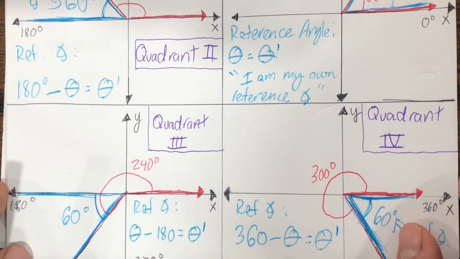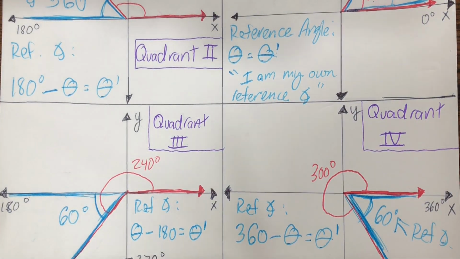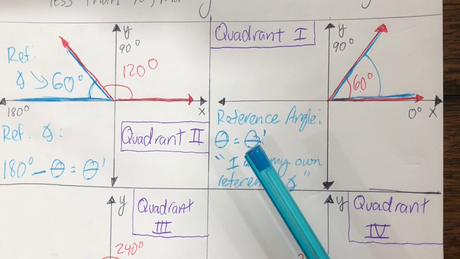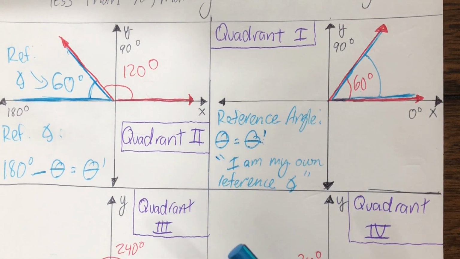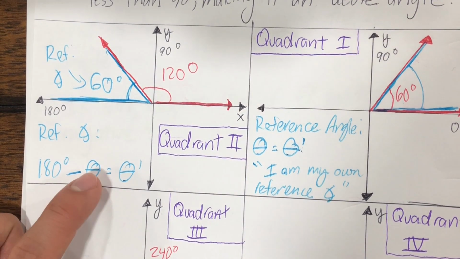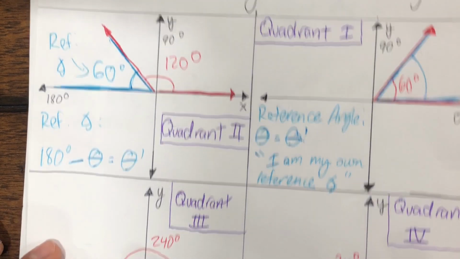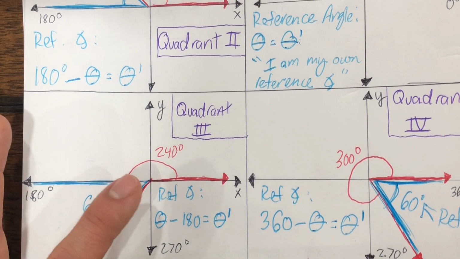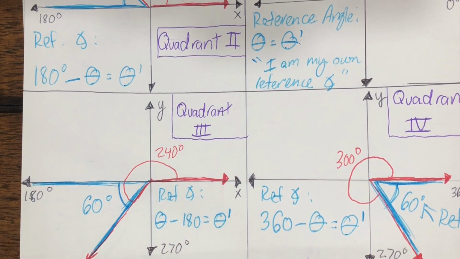So I was able to figure out the reference angle in each quadrant. In the first quadrant, it's the angle itself. In the second quadrant, we take 180 and subtract the given angle measurement. In the third quadrant, we take the given angle measurement and subtract 180.